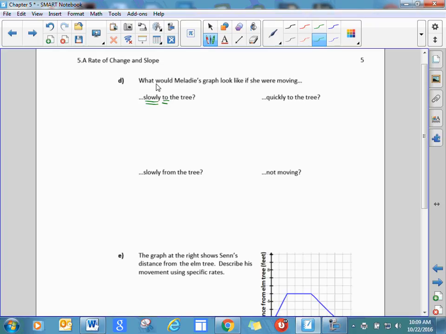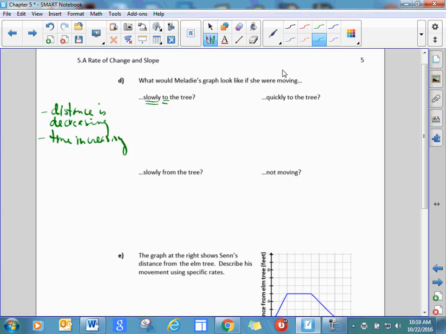So if she is moving slowly to the tree, what am I thinking about that? Well, I'm thinking her distance is decreasing and her time is increasing.